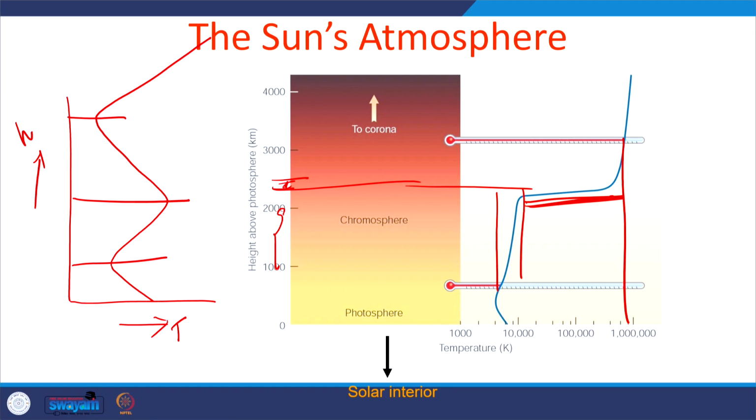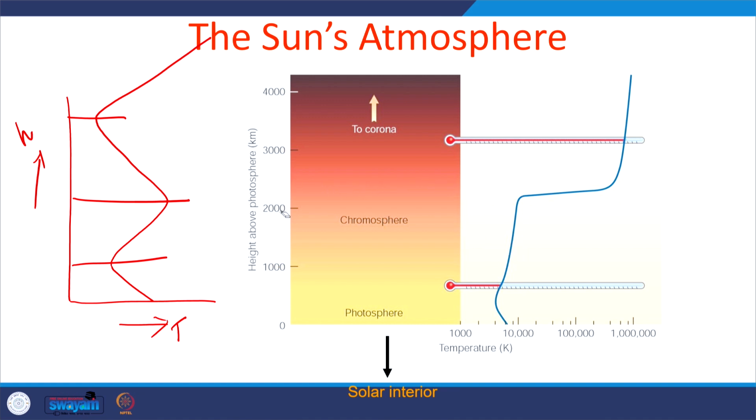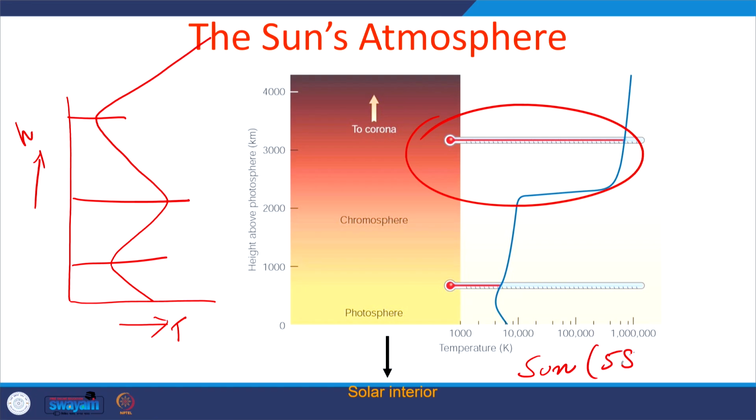So, this is what I was mentioning about simple violation of thermodynamics, where the source of energy for this altitude region or any altitude region is obviously the surface of the sun, which is sitting at 5,800 Kelvin.